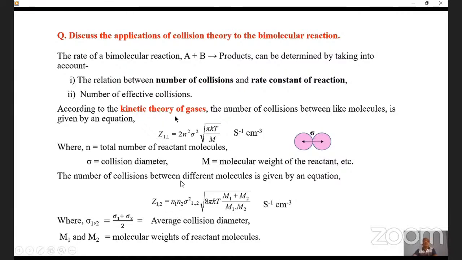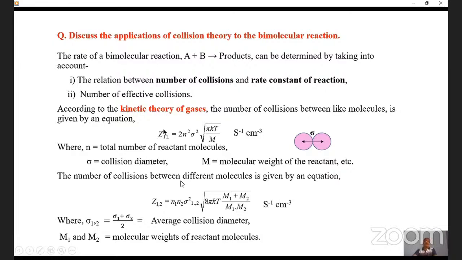According to the kinetic theory of gases, the number of collisions taking place between like molecules is given by the equation Z11 is equal to 2n square sigma square root of pi kT upon m.